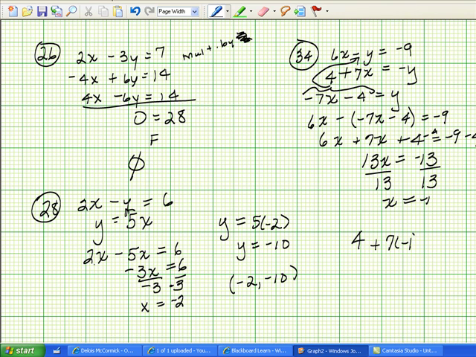And if we look, 6 times negative 1 is negative 6. Minus 3 would be negative 9. 4 minus 7 would be negative 3, and 3 in here would be a negative 3, so we're correct.